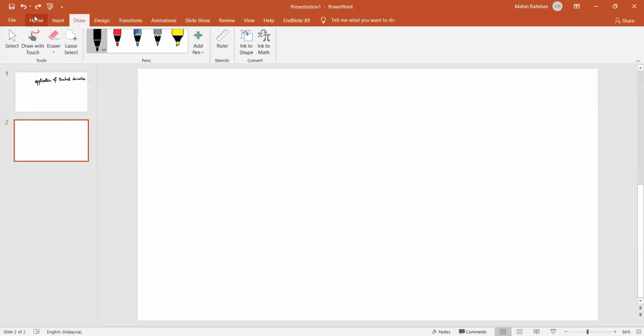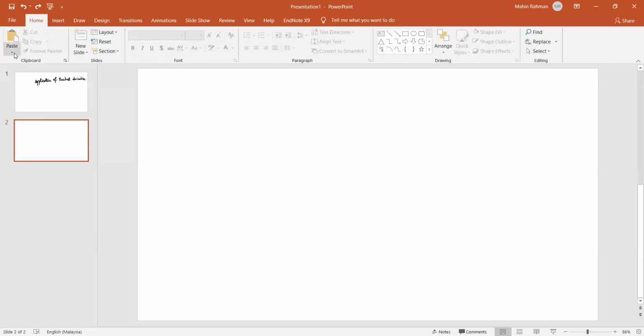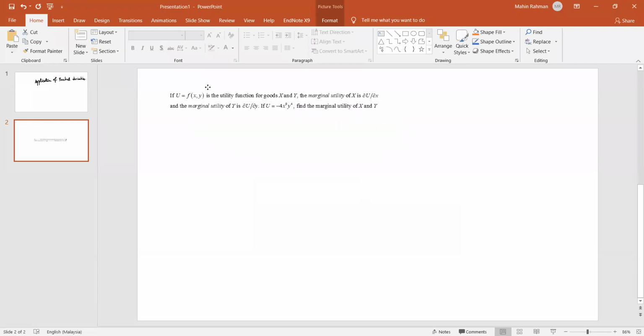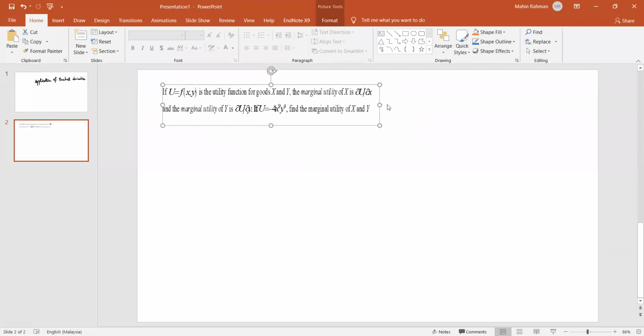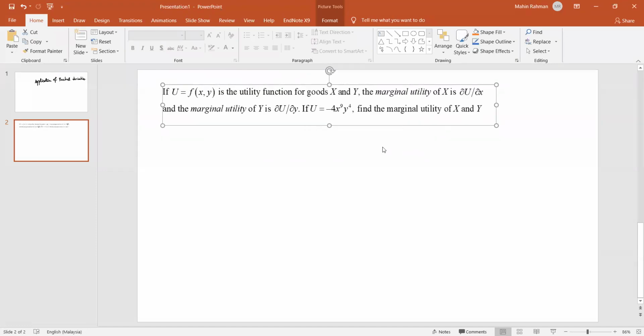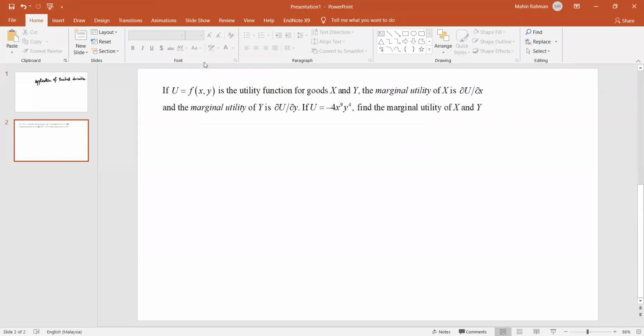Do you know anything about marginal utility? What is called marginal utility? Actually, marginal utility. You know what is utility? Madam, is it satisfaction?